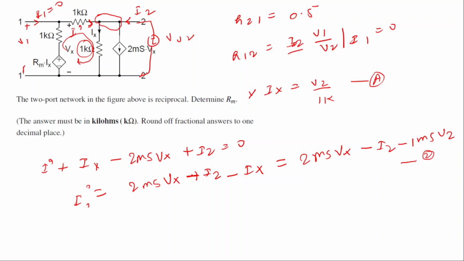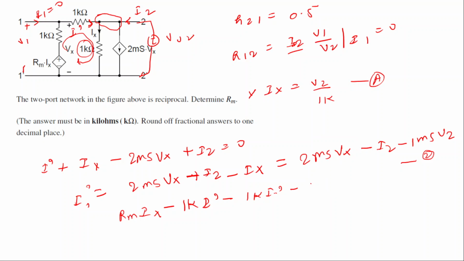Okay, so from here to here if we go, the potential rise across Rm times Ix, minus the drop across this 1K ohm resistor, so 1K times I dash, because now this I1 is 0 because we have open circuited this terminal, so all the I dash will be flowing in this branch, minus 1K times I dash, these two resistors, minus 1 Ix times 1K.